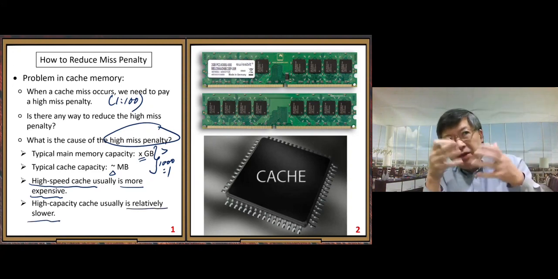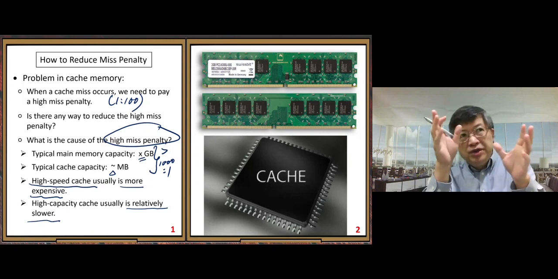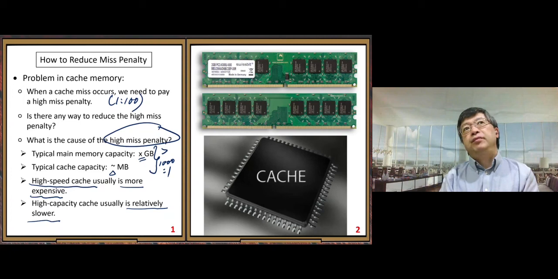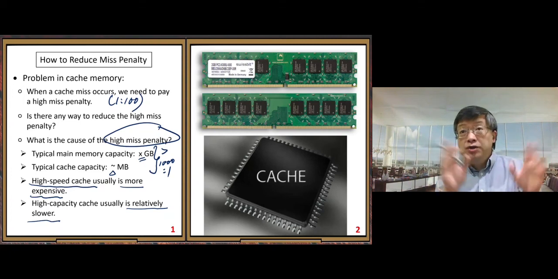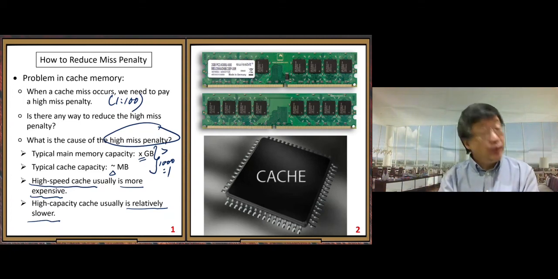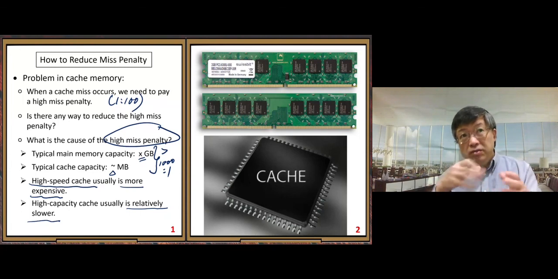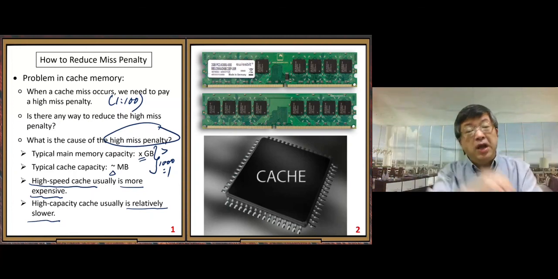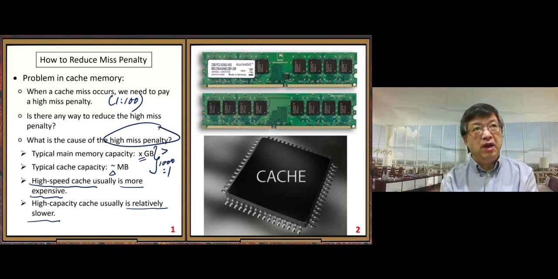So the fetch time performance will be slower, because you want to control the cost, right? If you make it using the faster technology, it will be too expensive.